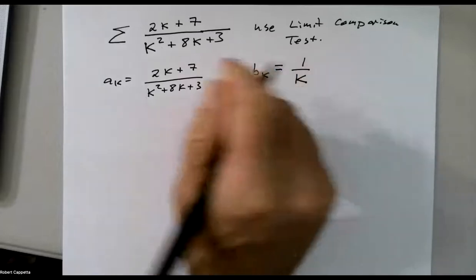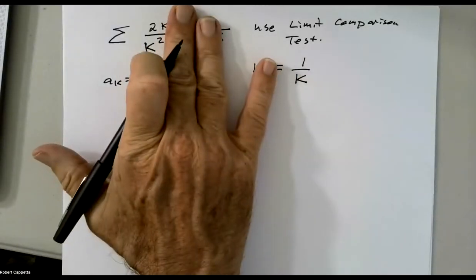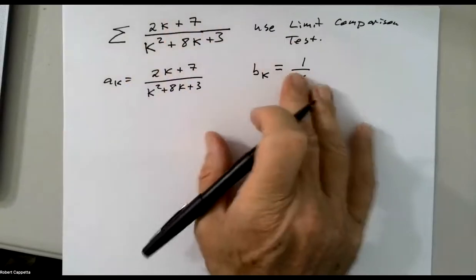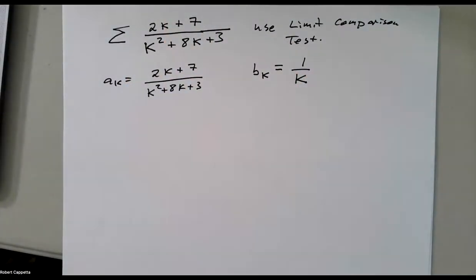Now, how did I know that? I just look at the highest powers. 2k on top, k squared on the bottom, k over k squared, 1 over k. You could have said 2 over k, but 1 over k is a better answer because we know 1 over k, the harmonic series, diverges. 2 over k is a multiple of the harmonic series. So when possible, we want to go ahead and compare our given series to p-series. And 1 over k is a sort of a p-series.